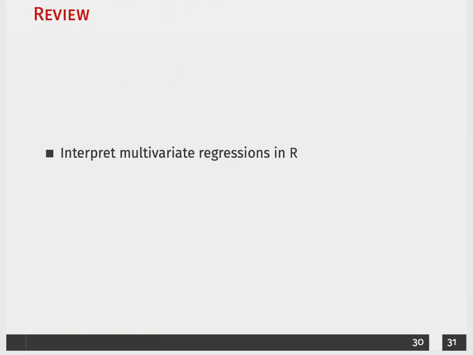So just as a brief review, we talked about three different ways that we can go about interpreting whether or not relationships in multivariate regressions are discernible from zero. We did that using first individual t-tests of individual estimated coefficients using the standard errors. We also did the overall or omnibus F-test, in which case we're interested in whether or not any of our covariates have a relationship with our outcome.